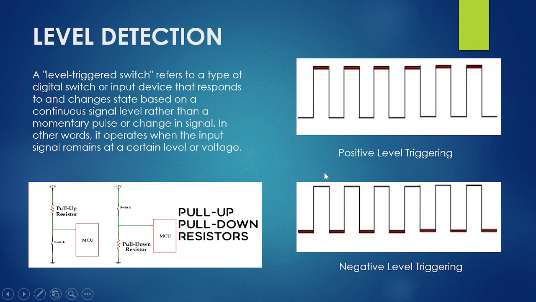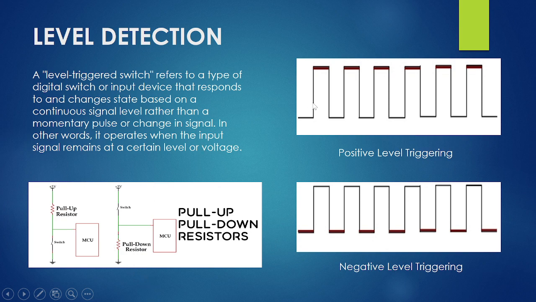So moving forward, let's talk about level detection. A level triggered switch is implemented with a pull up resistor. So this is a pull up resistor and this is a pull down resistor. If we change the position of the resistor and the switch, then we get the pull down resistor.